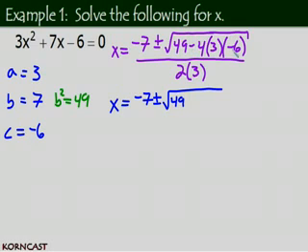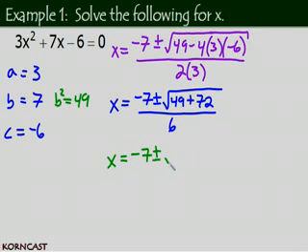Now my order of operations tells me I need to multiply in here first, so negative 4 times 3 is negative 12, times negative 6 is a positive 72, divided by 2 times 3, which is 6. And now I just need to continue simplifying. So again, I'm going to do my 49 plus 72. So x equals negative 7 plus or minus square root of 121, divided by 6.